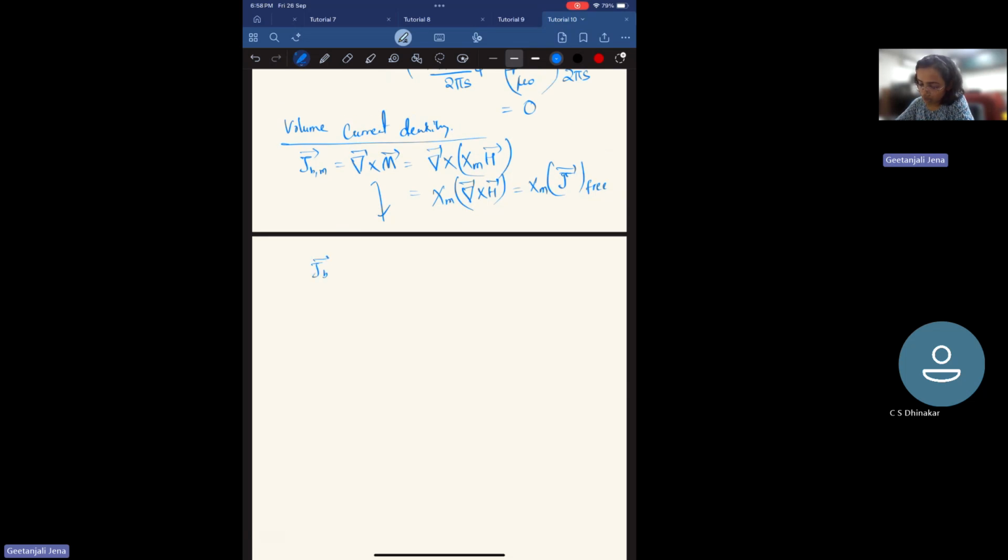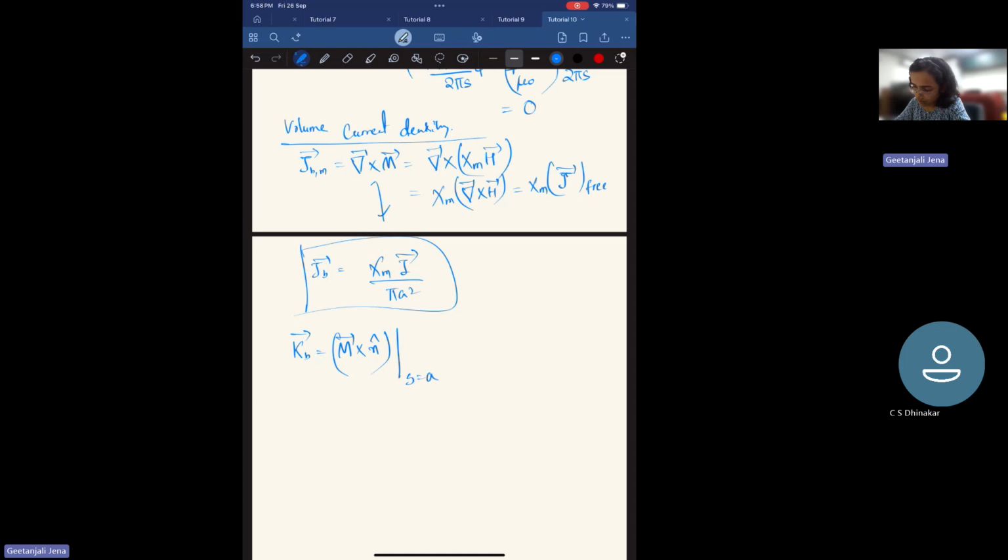For surface, so JB we have found this is chi m I by pi a square. For KB, it is the surface current density. It is M cross n cap. At the surface, radius is a.